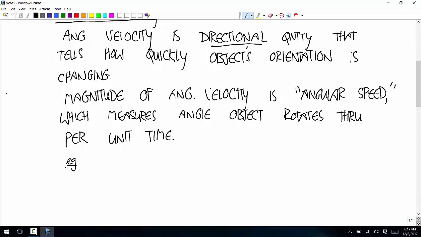Okay, and that's angular speed. Instead of using degrees to measure angles, we're going to use radians now. You don't have to change your calculators because we're not going to use sine and cosine, so it won't matter whether you're in degrees or radians for that.